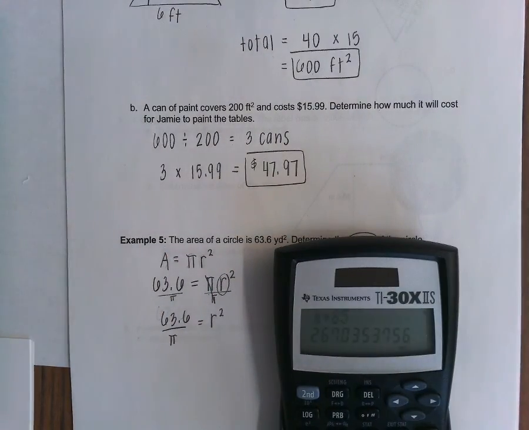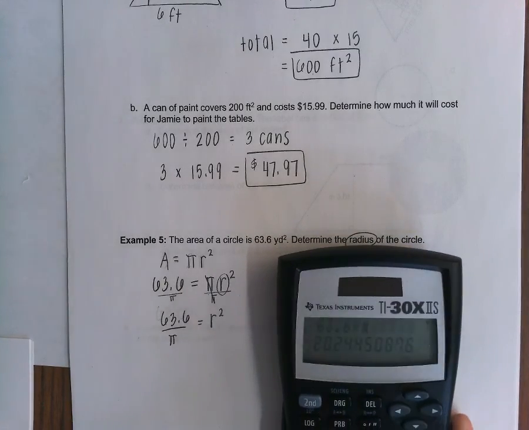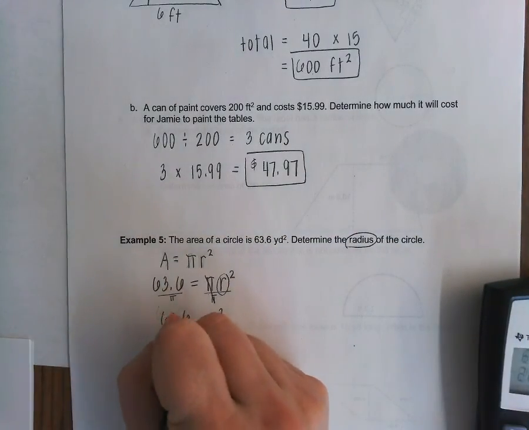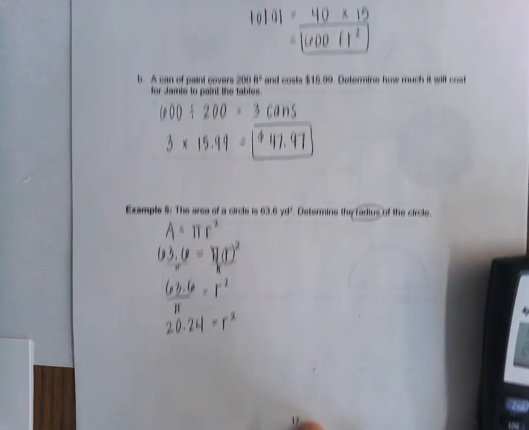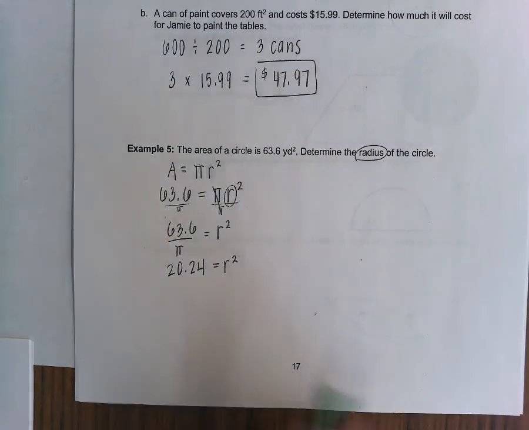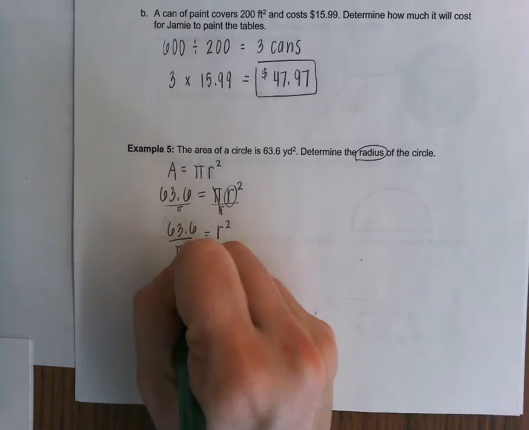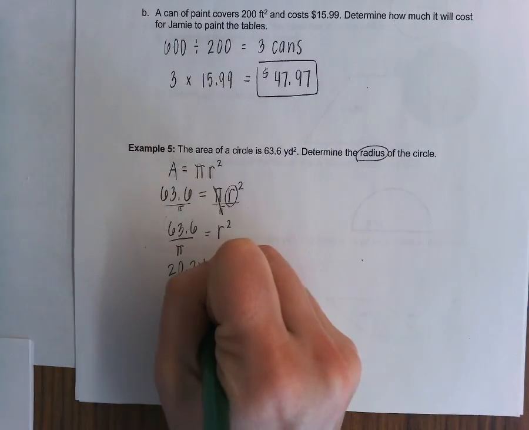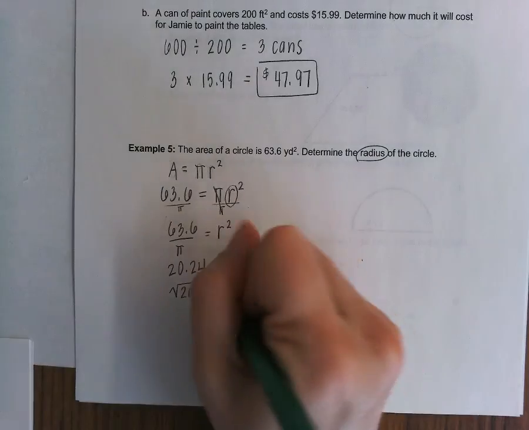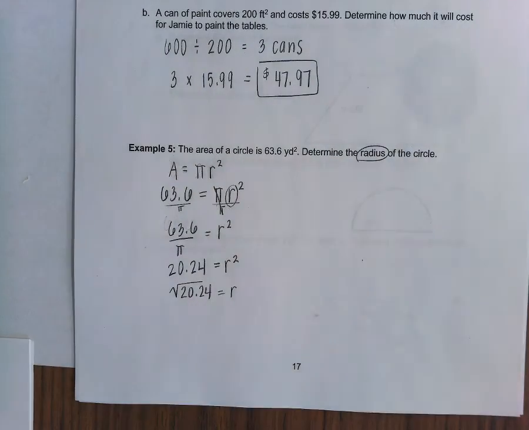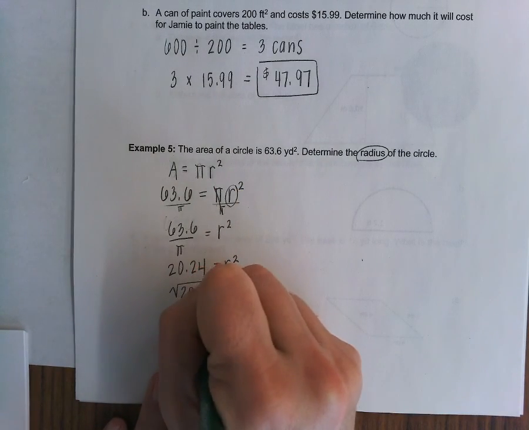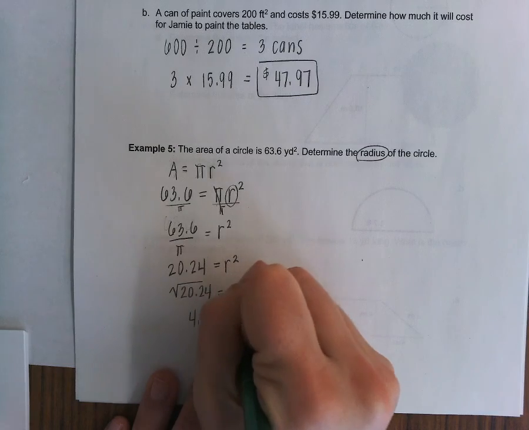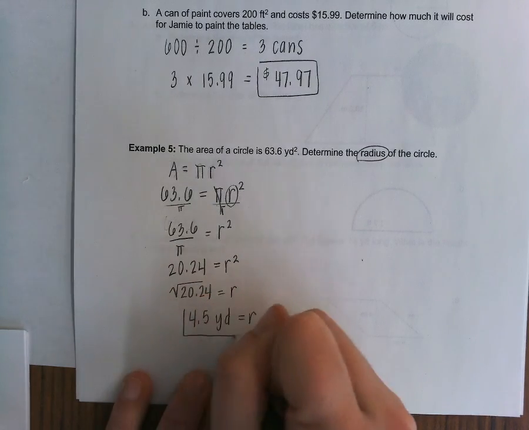And in my calculator, 63.6 divided by pi is equal to 20.24, which equals r squared. But I want to know just the radius, not the radius squared. So my final step is going to be to square root that. And the square root of 20.24 is 4.5 yards. That would be the radius of the circle.